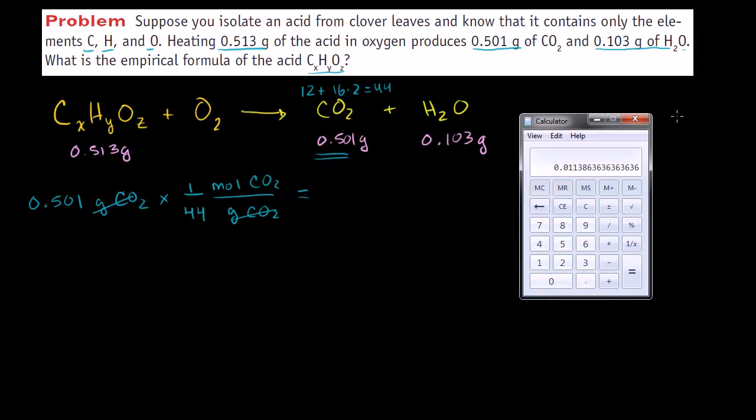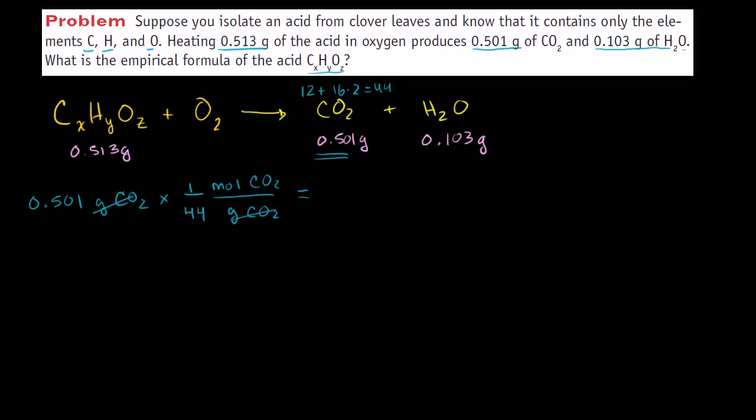Let me put it on the side so I don't forget this. So this tells us that we have 0.0114 moles of carbon dioxide in our product. Now, that also tells us that for every molecule of carbon dioxide, we also have one atom of carbon. So however many carbon dioxide molecules we have, that same number of carbon atoms.